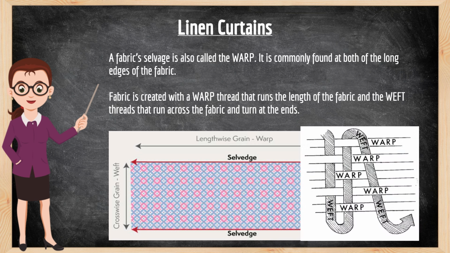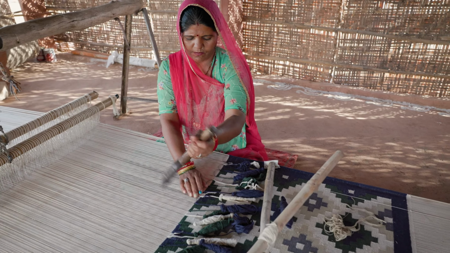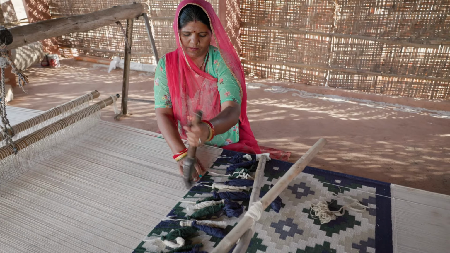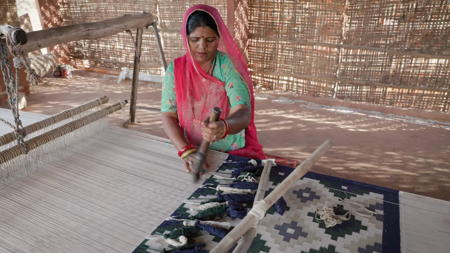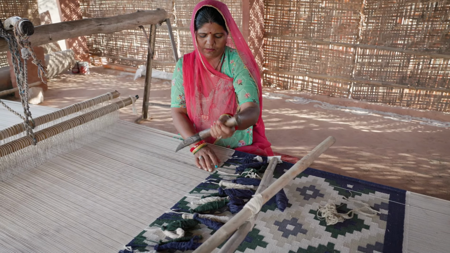The turning point is where a tighter weave is created to stop fraying. This is the selvage. It is parallel to the warp yarn, providing strength to the woven structure. The warp must be strong to be held under high tension during the weaving process, because it's the ones that are stretched out.